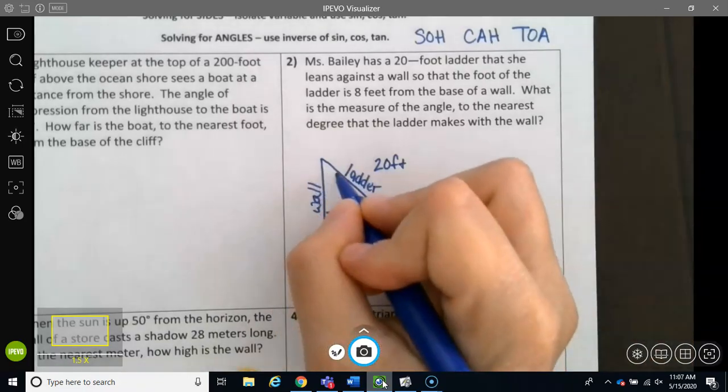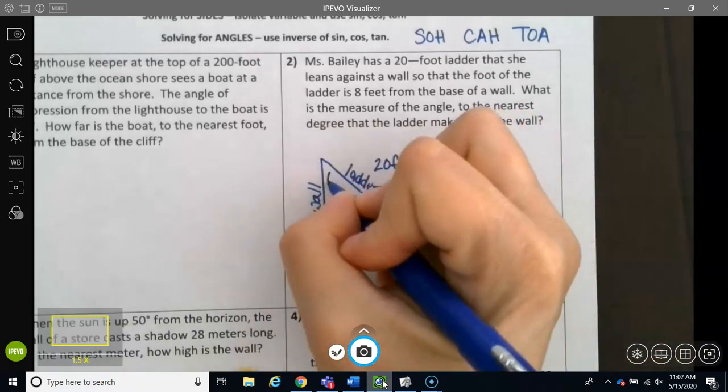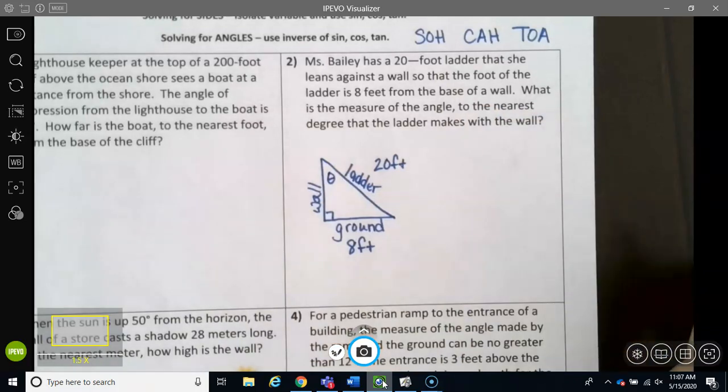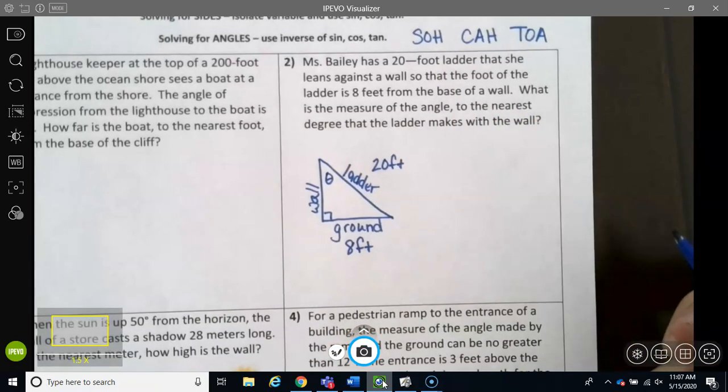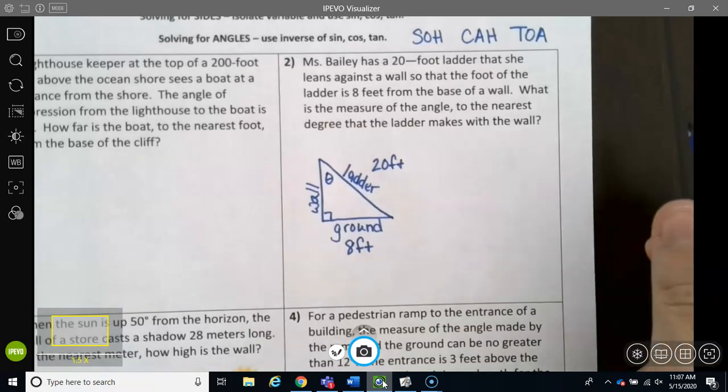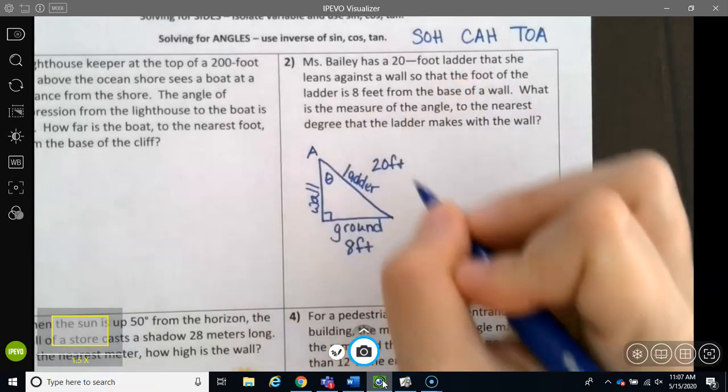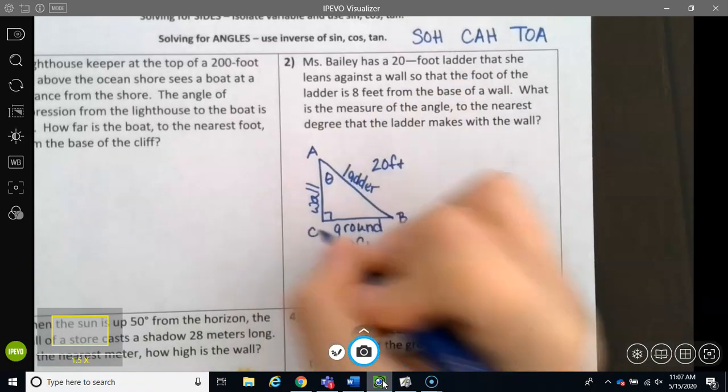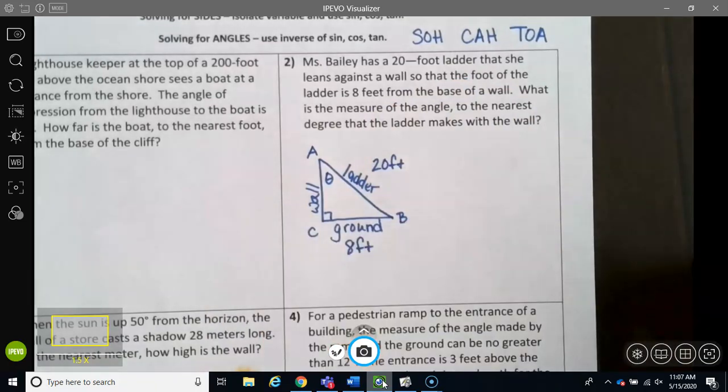So the angle where the ladder makes with the wall, that's our angle. I just put that theta symbol in there so it's similar to ones you've seen in the past. But we can go ahead and label this as angle A, this is B, and this is angle C, in case you'd rather use letter A rather than theta.